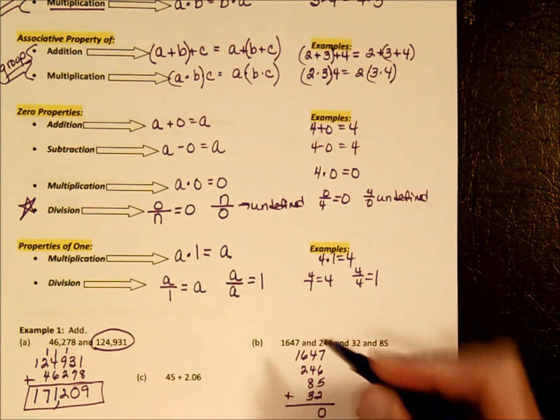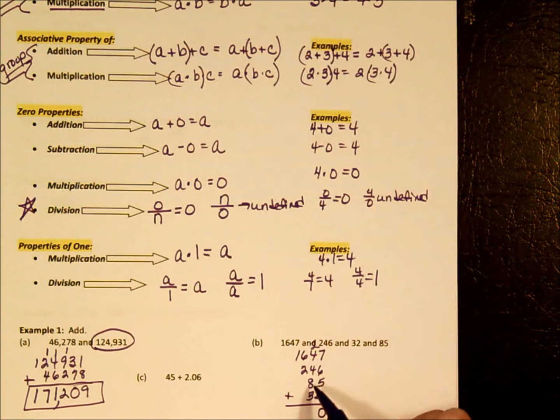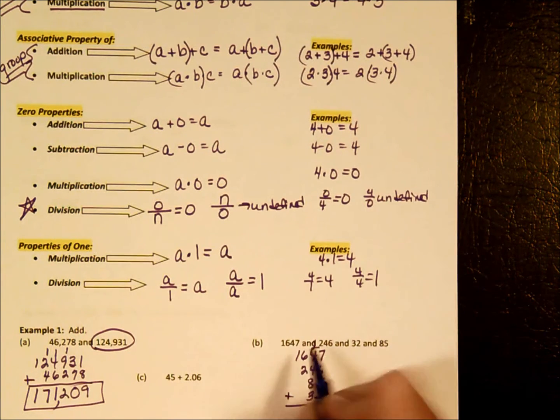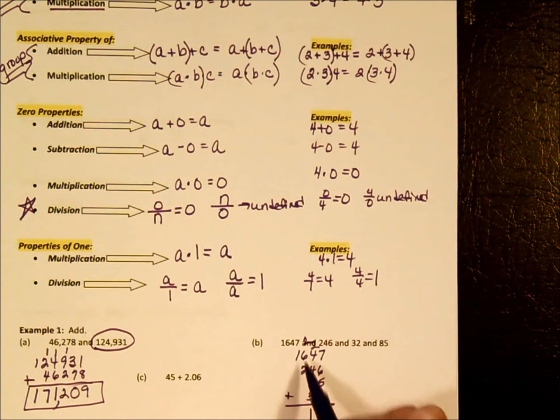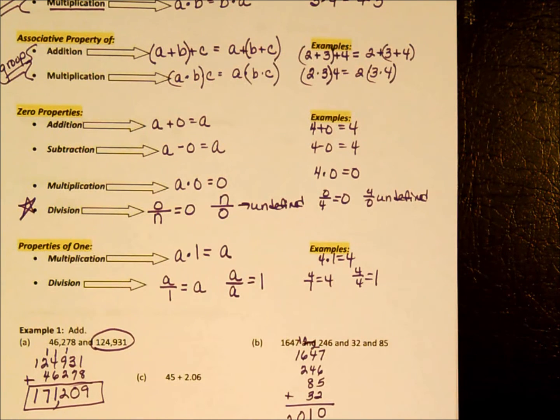Put down the 0, carry the 2. 2 and 4 is 6 and 4 is 10, and 8 is 18, and 3 is 21, carry the 2. 2 and 6 is 8 and 2 is 10, carry the 1, and you end up with 2010. And by the way, if it's just a 4-digit number, you don't have to use a comma. After 4 digits, you do.